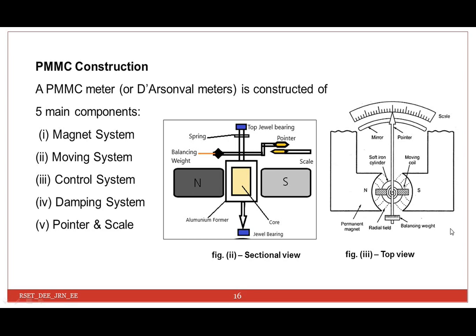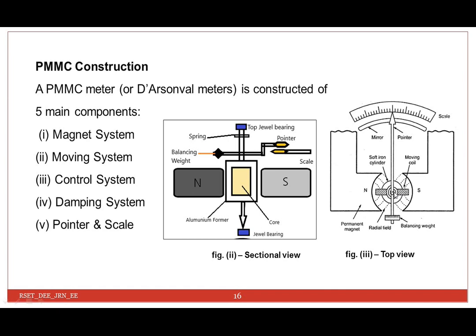So this shows another diagram, the top view. So, horseshoe magnet, magnetic system provided by north and south poles, permanent magnet. In between the permanent magnets, you are having the magnetic field, and the type of magnetic field here is radial. You can see the diagram, and this you can find as the soft iron core. This being the aluminum former over which the coil is wound.